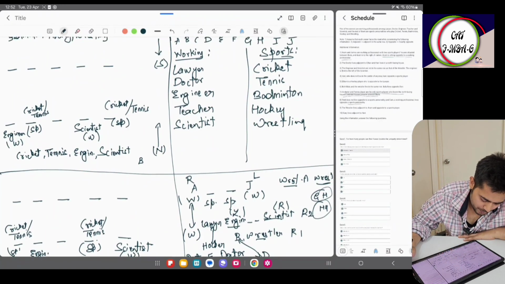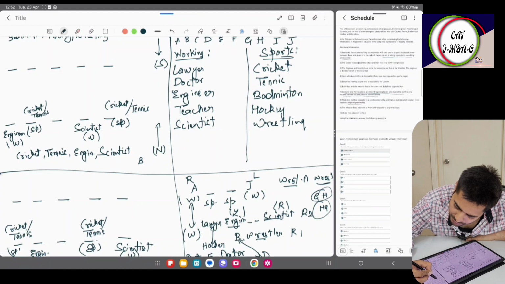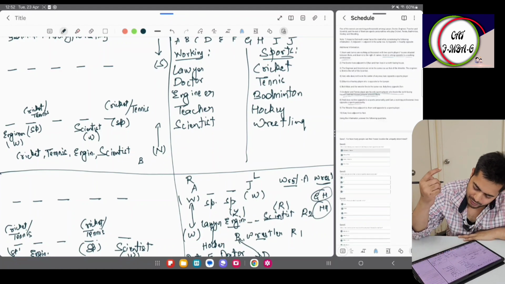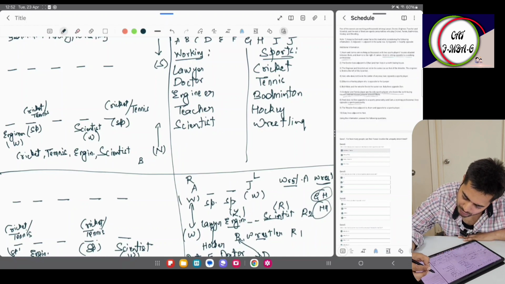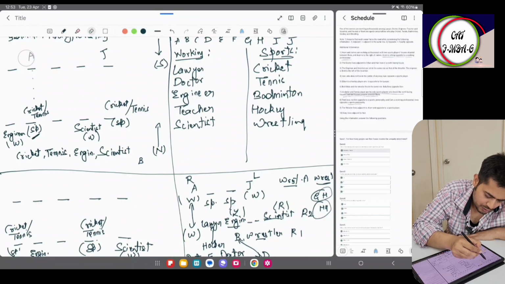Okay. So also A is to the right. So obviously, let me check again. A is to the right of James, and A sits opposite a working professional. So can A be here? A and J? No, because here opposite is sports. This is sports. So obviously, in this case, A will be here, J will be here.